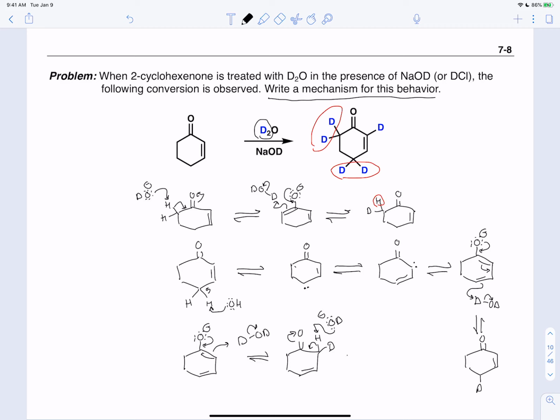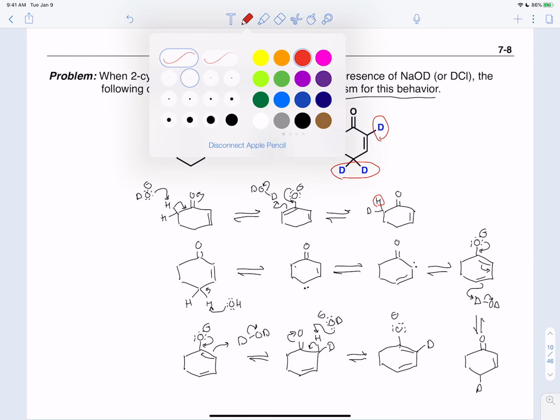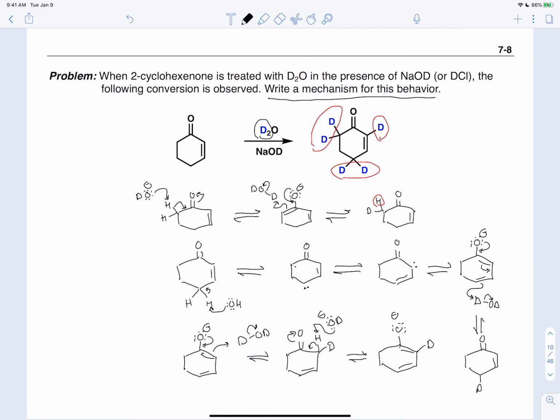And once it does this, now it's able to eventually attack back. We have the deuterium in the place we observe in the product up here in this last position. And this could keep reacting now at the most distal carbon to make the reaction product observed.